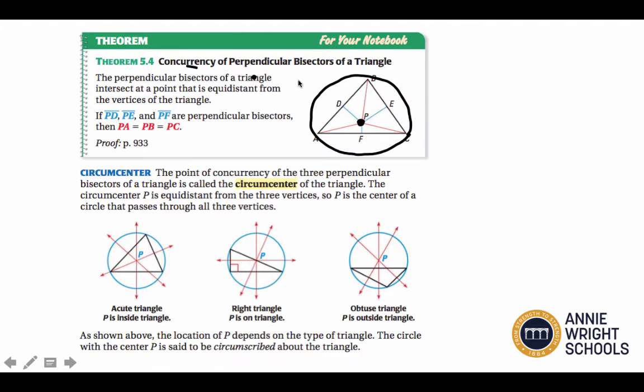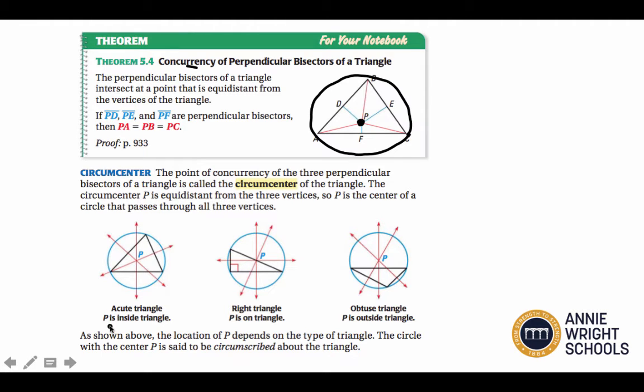This point of concurrency of the three perpendicular bisectors of the sides of a triangle is called the circumcenter because it is the center of a circle that can be circumscribed about the triangle. Circumscribed comes from the Latin, circum meaning around, scribed meaning written. So written around the triangle, a circle that's written around the triangle.